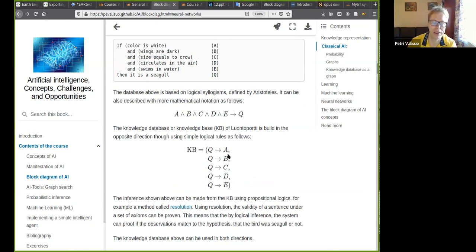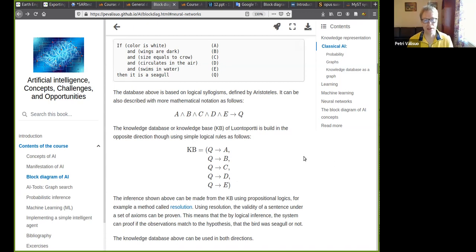So Q implies A, and Q implies B, so that the seagulls' wings are also dark, and they are about the size of the crow, and they circulate in the air, and they can also swim in the water. And then when you have stored these facts in the knowledge database, and you have found that A, B, C, D, and E are true, then you can imply Q.